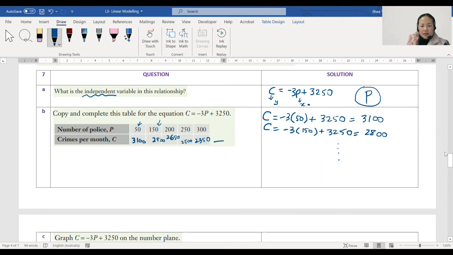This is interesting, isn't it? It goes down, right? When the P goes up, which is police officers, more police officers, the crime goes down. So when there were 50 police officers, it was 3,100, but if it was 150 police officers, 2,800 crimes, and with 300 police officers, there were 2,350 crimes.